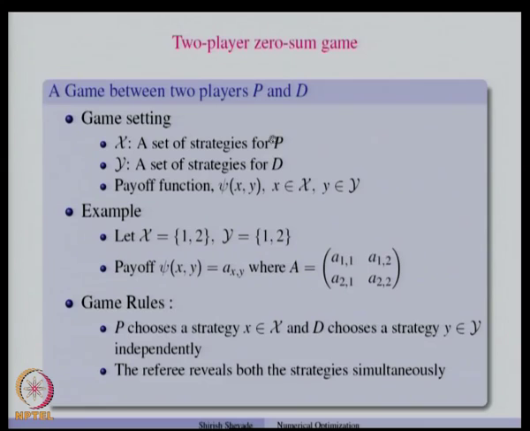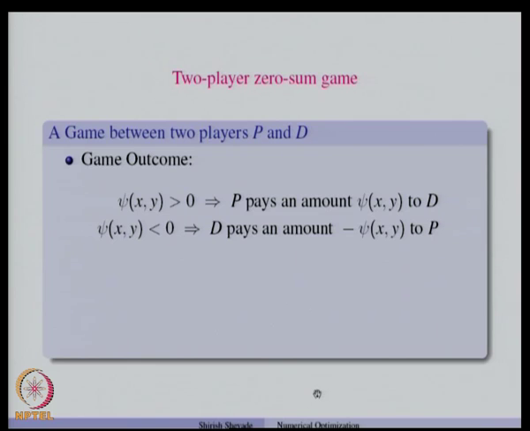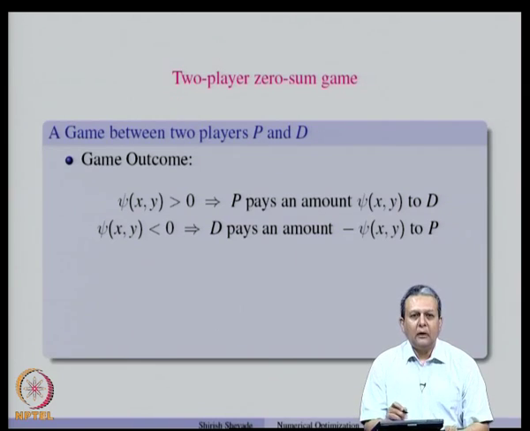Since there are two players in this zero sum game, every time one player will be the winner and the other will be the loser. The game outcome depends on the payoff function psi. If psi(x, y) is greater than 0, then P pays an amount psi(x, y) to the player D, and if that quantity is less than 0, then D pays the negative of that quantity to the player P. So, this is the game outcome.